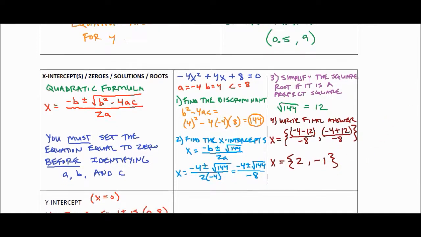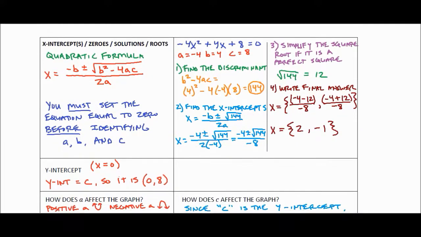Let's finish this up with some information real quick on the discriminant. This discriminant, class, this b squared minus 4ac, this provides you with some pretty interesting information about your x-intercepts. So down here in this box, write the word discriminant. And here's what you can learn from the discriminant. In this case, you saw that we end up with 144.